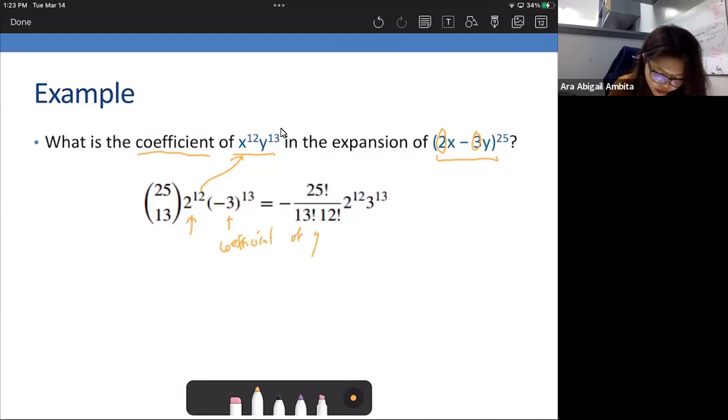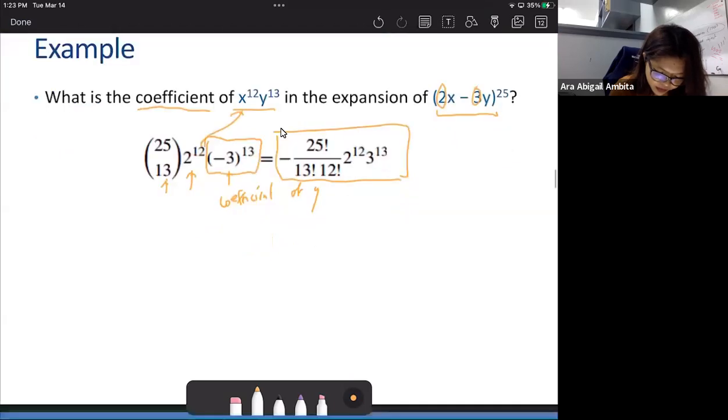Okay, and we multiply that by 25 taken 13. So this is the combination part. And we can see that the coefficient is negative, because if you look at this, we have a negative number that is raised to an odd number, which will obviously result in a negative integer.